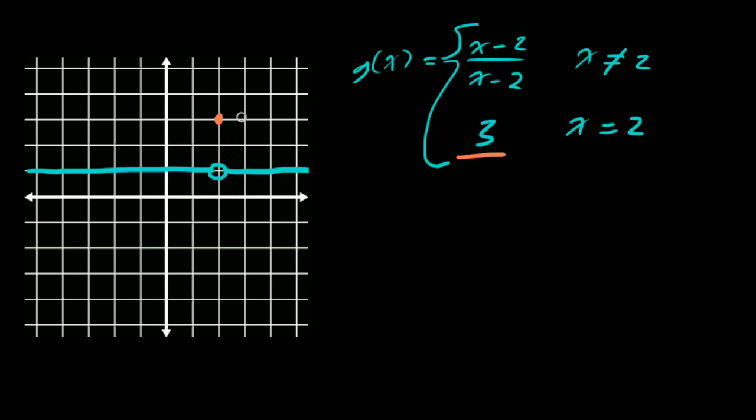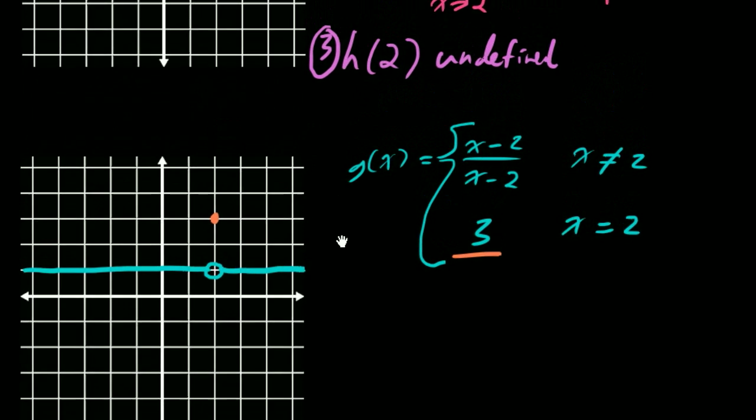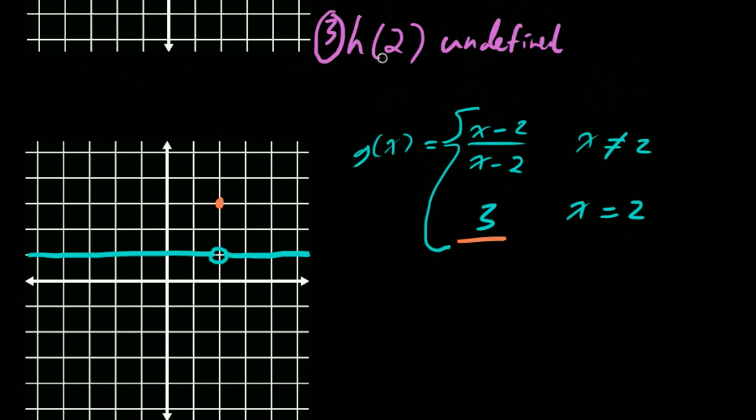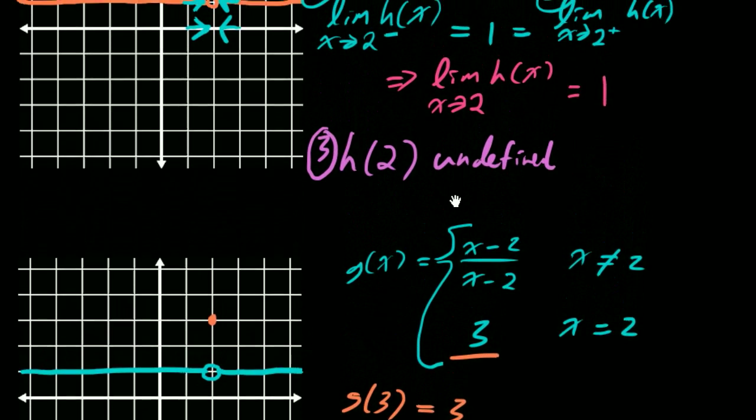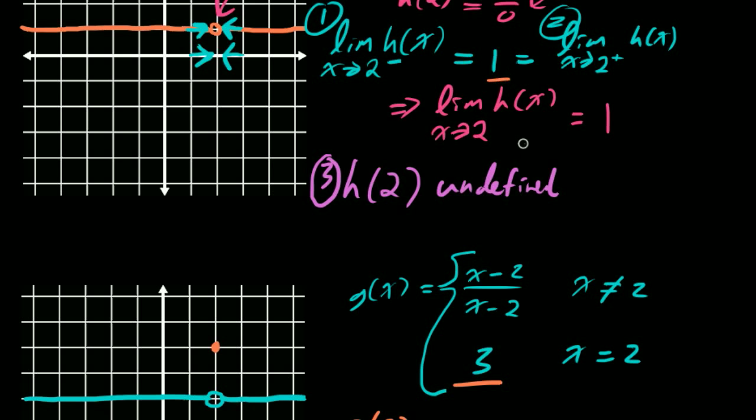And hopefully you can see that it wouldn't, because again, our same condition, condition 3, where in the last video we said h of 2 is undefined. In this example, g of 2 is not going to be undefined, it's going to be equal to 3, but the problem is that the limit of all the other points is equal to 1.